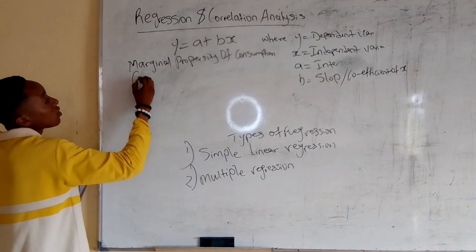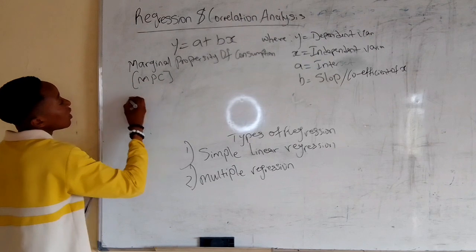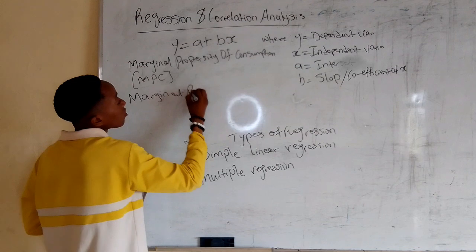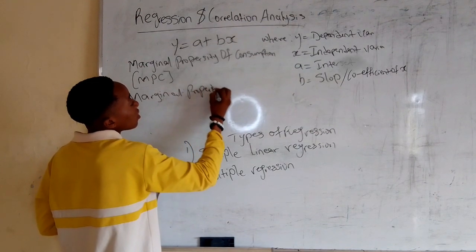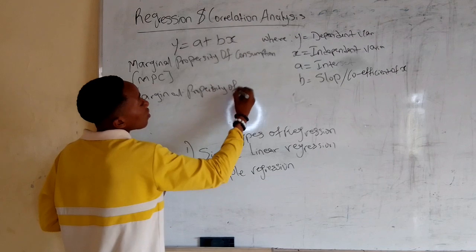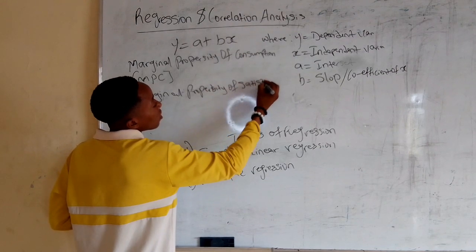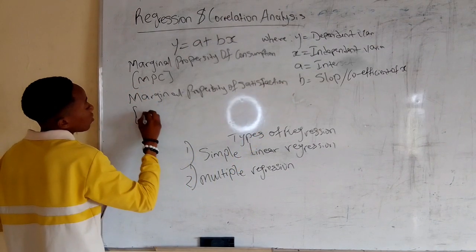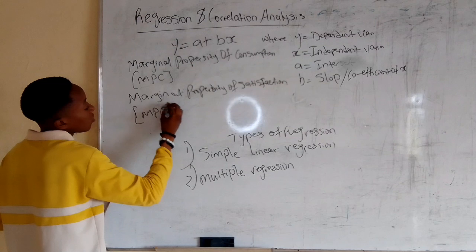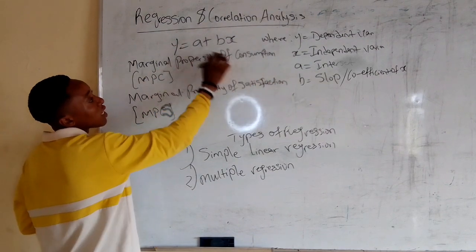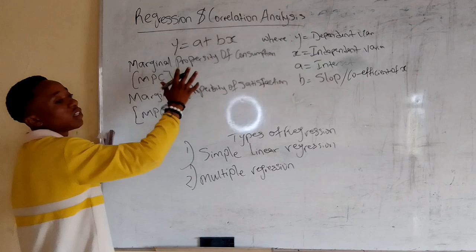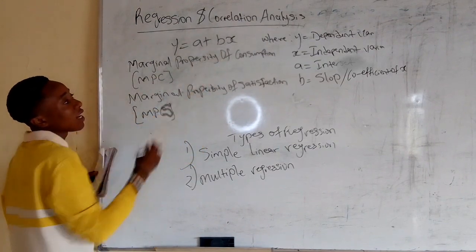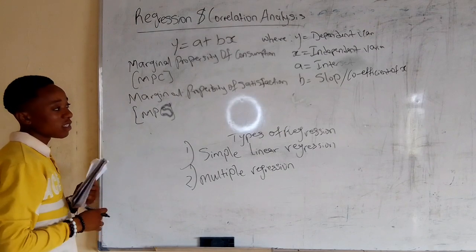Then our MPS is marginal propensity of satisfaction. Our marginal propensity of consumption here is our A, which is the amount of commodity we've consumed. Then our marginal propensity of satisfaction is our B, that is the satisfaction derived from the commodity.